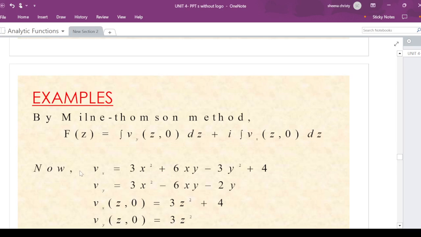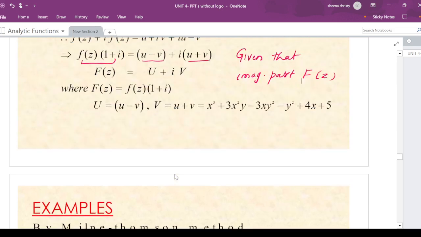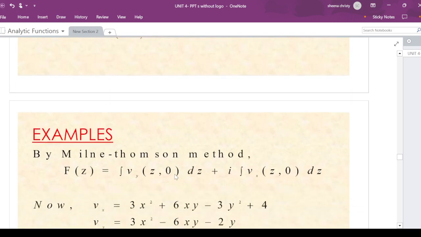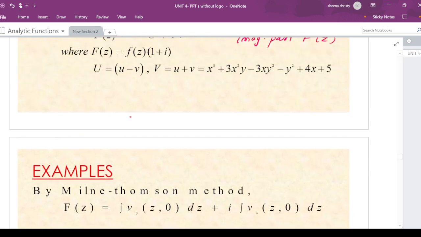Here V equal to x cube plus 3x square y minus 3xy square minus y square plus 4x plus 5.